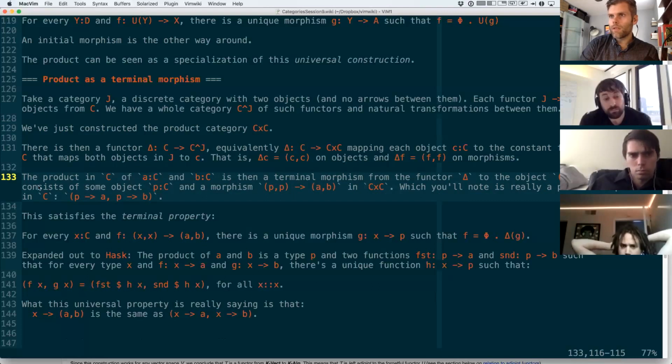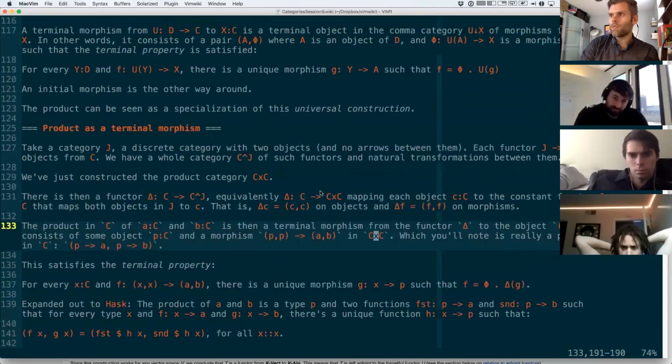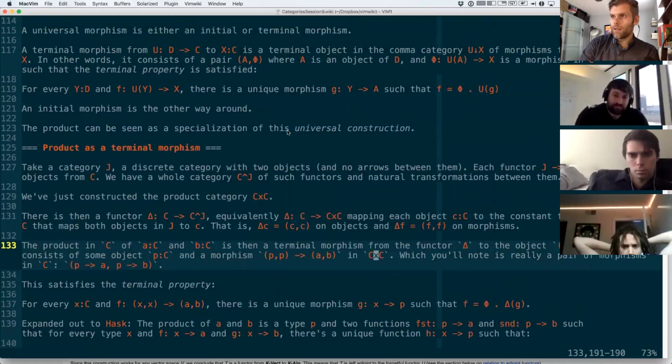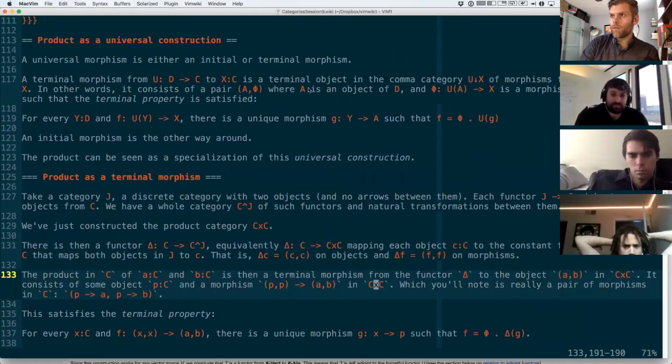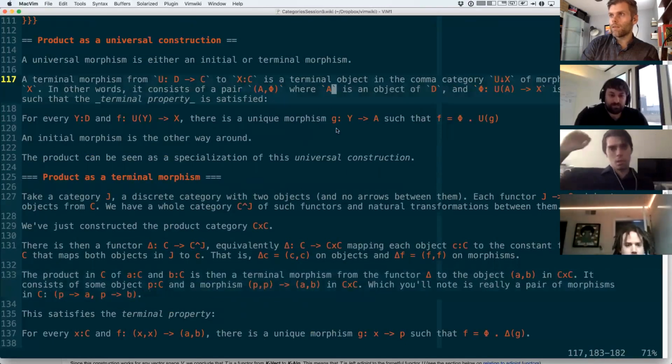So it's going to consist of some object P in C, which is going to be our product, and then a morphism from P and P to A and B in the product category C and C. So what I'm doing here is just filling in the definition of the universal morphism, or the terminal morphism, here on line 117.